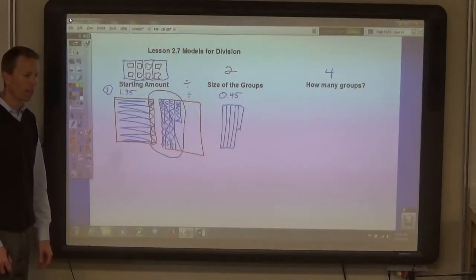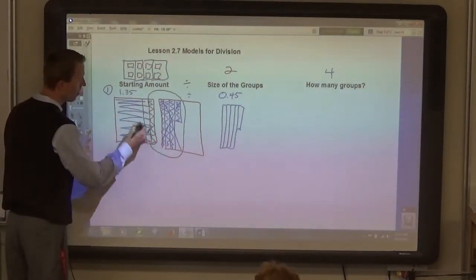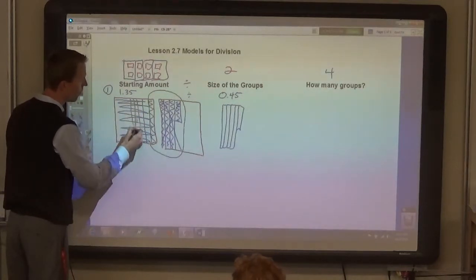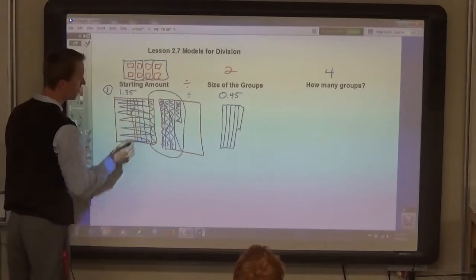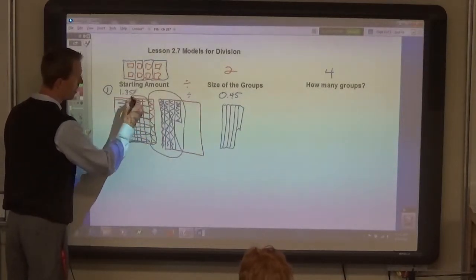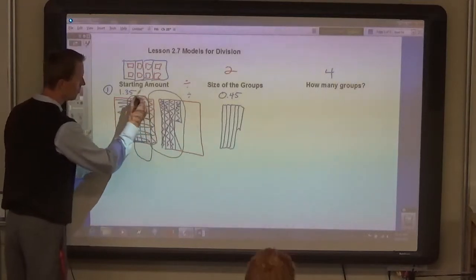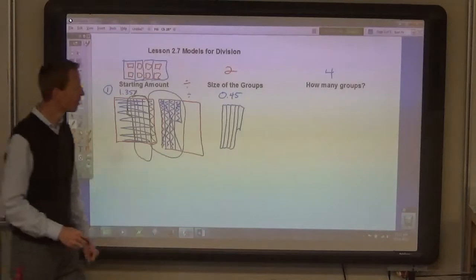So circle 45 hundredths. And then circle another 45 hundredths. 1, 2, 3, 4, and 5. That makes another group. How many groups would there be? 3 groups, right?